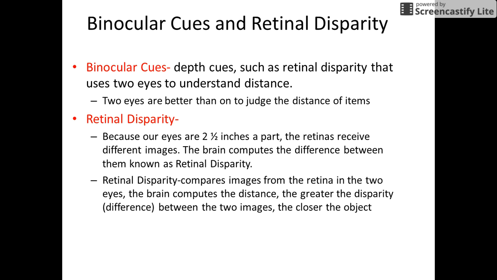Because our eyes are 2.5 inches apart, the retinas receive different images. The brain computes the distance between them, known as retinal disparity. Retinal disparity compares images from the retina in the 2 eyes.